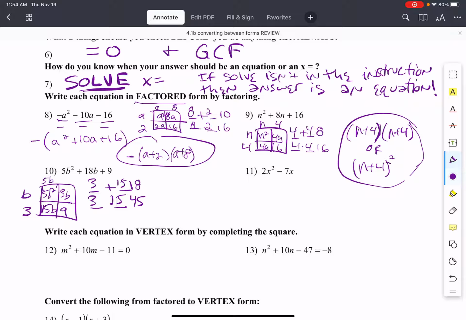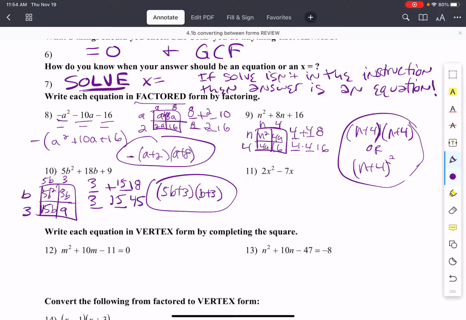There we go, 5b. And second column? Just 3, good. Now this time that 5 stays in the parentheses because unlike the GCF in 8, it was in the box. Okay, so we're just reviewing all our different types of factoring.